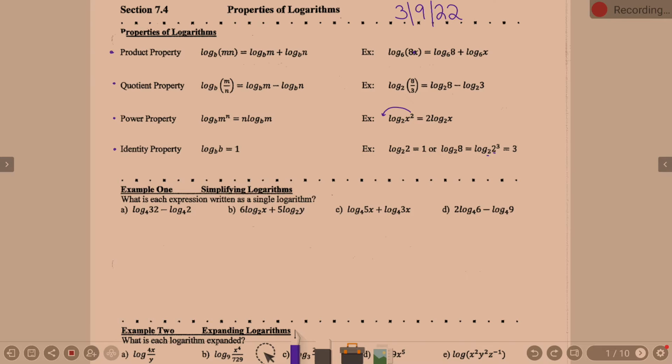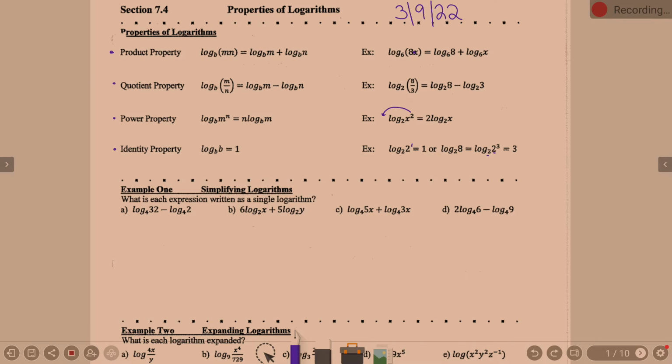So basically the shortcut is it equals whatever the exponent is. Because like on the basic identity, log base 2 of 2, there's an invisible power of 1. So as long as my base and my inside base are the same, it's always going to equal the exponent. That's our identity property.